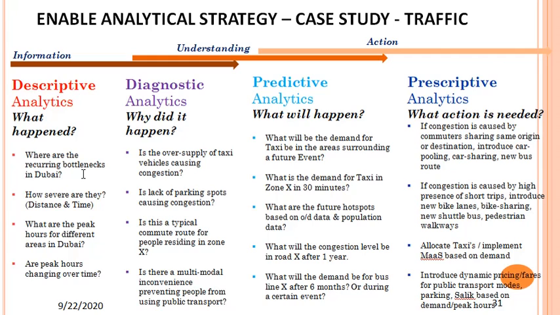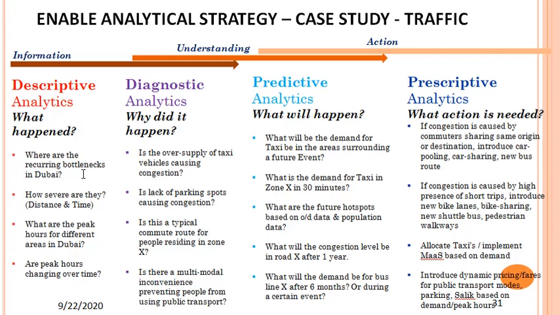Specifically, if we are talking about one country or city, then we will see what bottlenecks are causing problems and where they are, in terms of distance and time, what the peak hours of different areas in Dubai are, and whether peak hours are changing over time. All this information is related to descriptive analytics.